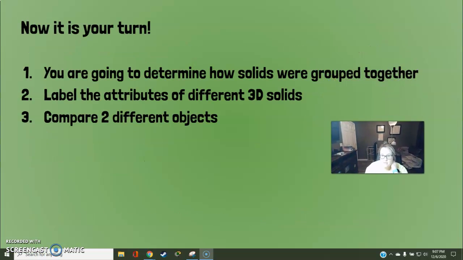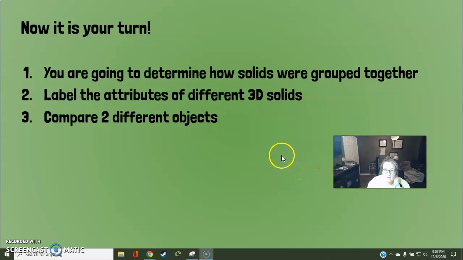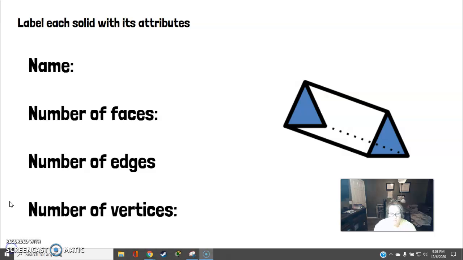So now it's going to be your turn. Now you are going to open up this other slides. You are going to determine how solids are grouped together. You're going to label the attributes of different solids, and you're going to compare two different objects. When you open up your assignment, it is going to look like this.